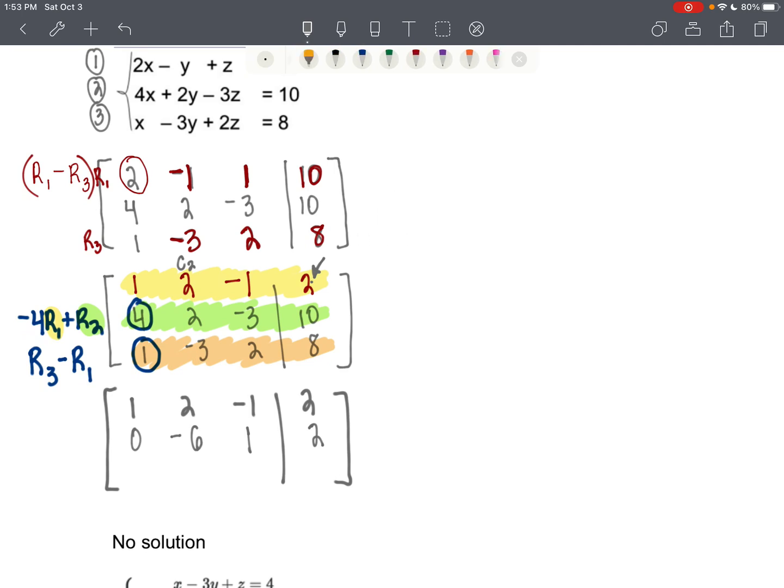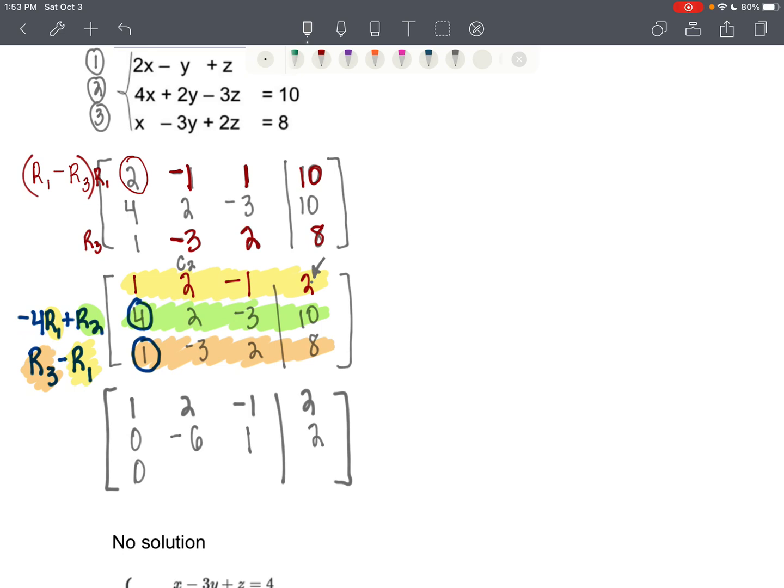Now row 3 minus row 1 is going to replace the existing row 3. So we'll start with column 1. Orange 1 minus yellow 1 is 0. Now we're in the second column.